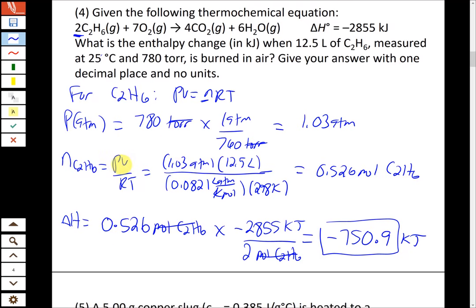So for this problem here, what we did was we used PV equals nRT to find out how many moles of substance we had, and then we used this here as a conversion factor, which is minus 2,855 kilojoules, delta H for 2 moles of that substance. So moles of substance multiplied by that is sort of like a stoichiometric conversion factor, relating delta H to moles of substance from the balanced equation. So there wasn't really a specific delta H equation here.